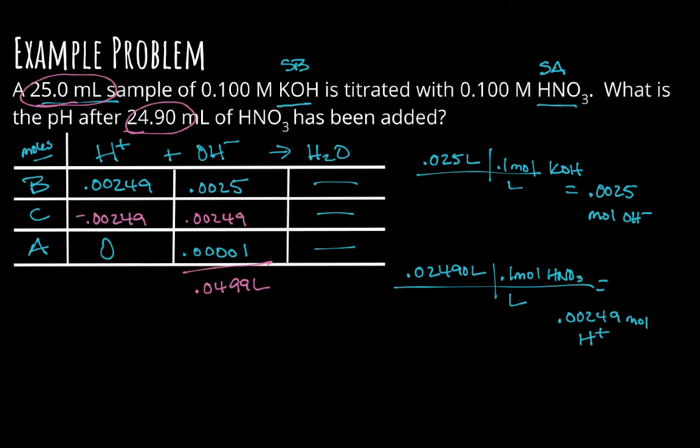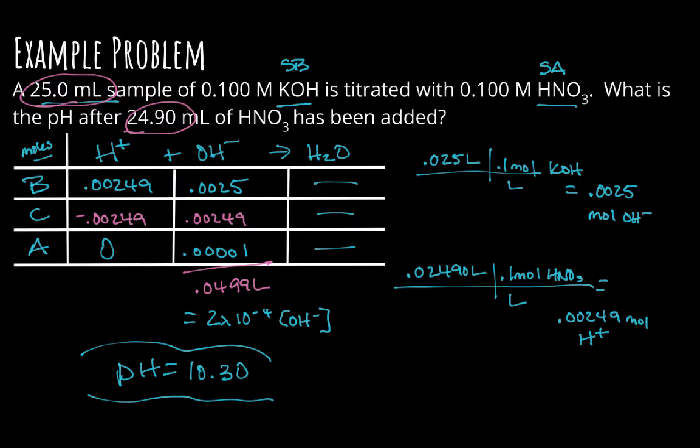That gives me a concentration of 2 times 10 to the negative 4th OH minus. Then from there, use your pH equations to figure out the pH, which in this case ends up being 10.30. Be careful with the OH minus because you'll have that extra step. If you take the negative log of the OH minus, don't forget to then subtract it from 14 before your final pH is listed.